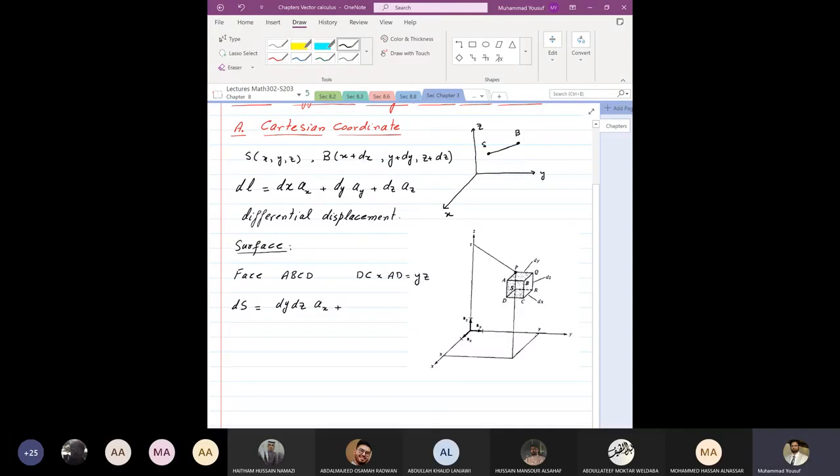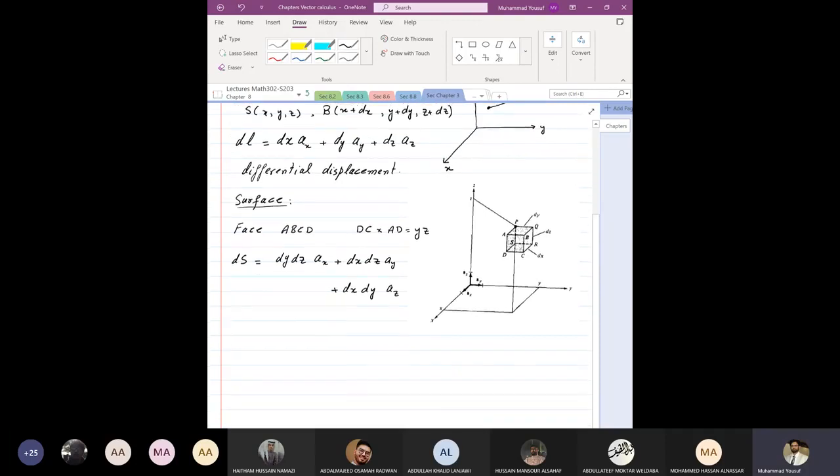Similarly, how much change will be parallel to the xz plane, along A sub y? It will be dx, dz, and A sub y. Plus the third one, when we have this normal along the z-axis, then it will be dx, dy.